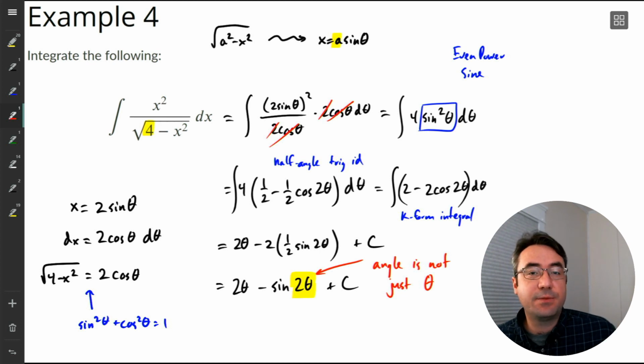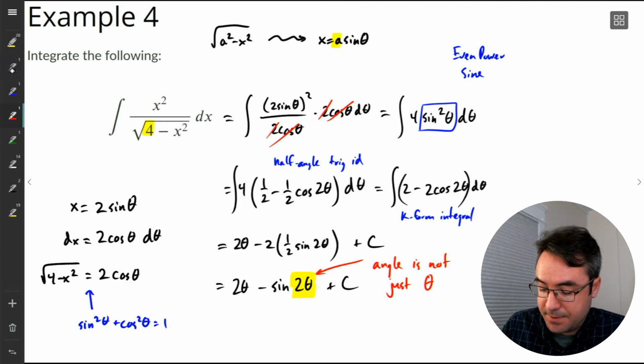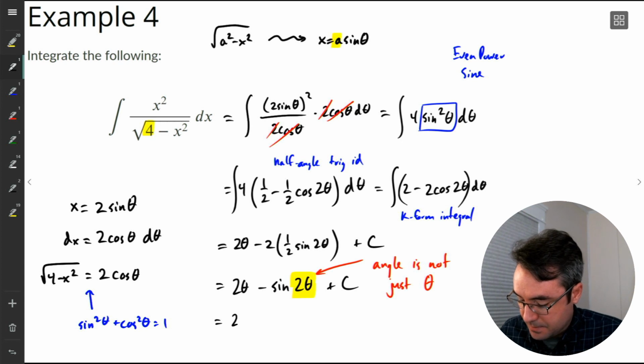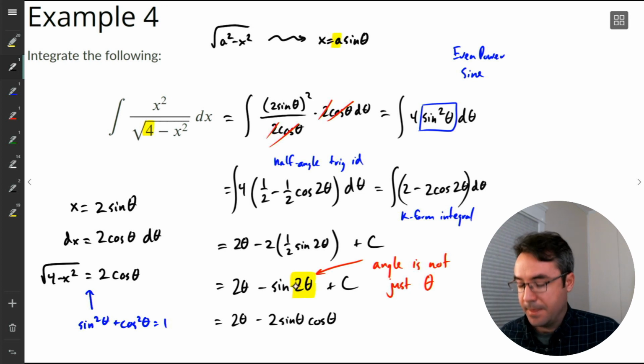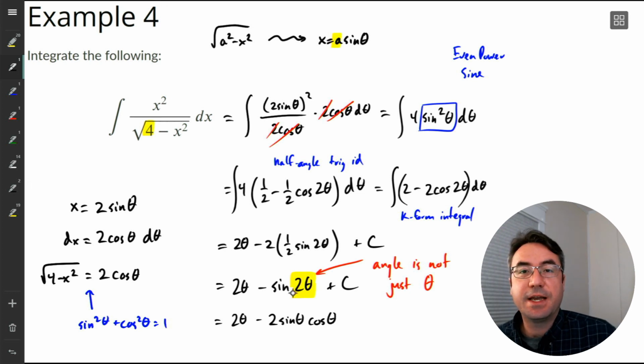If there's anything else, it really doesn't help too much. But we do have a trig identity that allows us to rewrite this. So we can rewrite this sine of 2 theta using a trig identity as 2 sine theta times cosine theta.